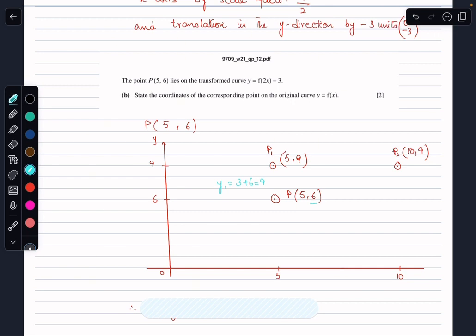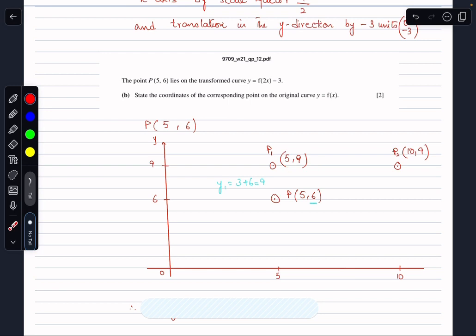Then we also said that there was a stretch in the x direction, and the stretch factor was a 1/2 unit. In the x direction, the stretch is given as the reciprocal of whatever factor is given in the question. So if this is the position of point P before the translation, then obviously it has squeezed by 1/2 for this x coordinate, which is a 5.